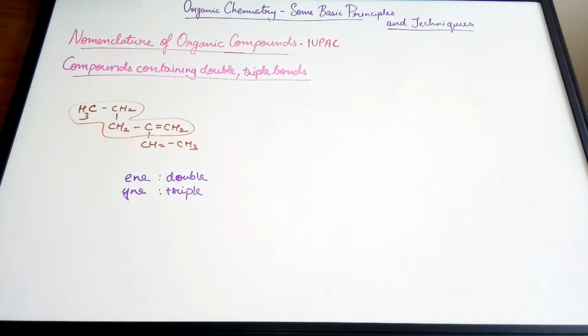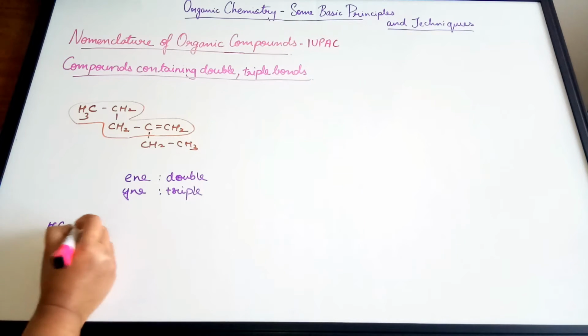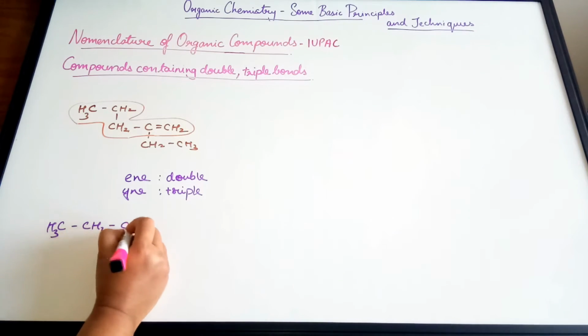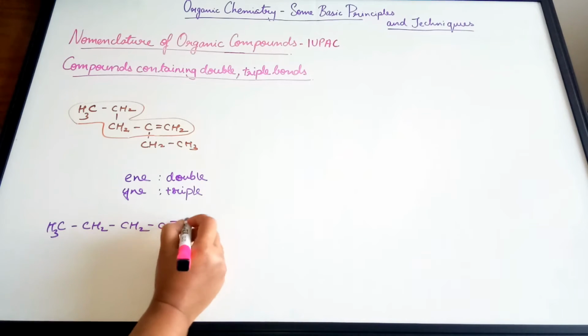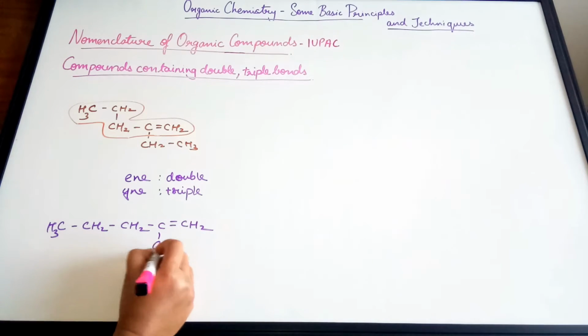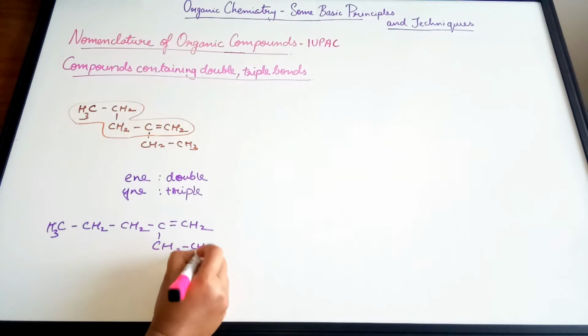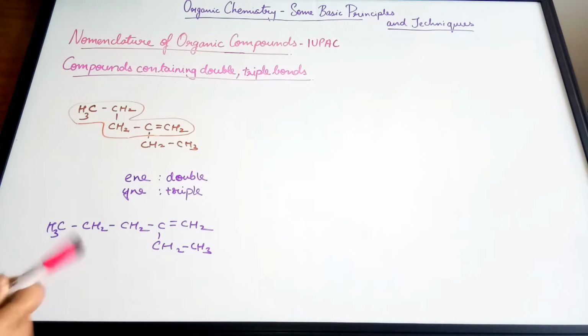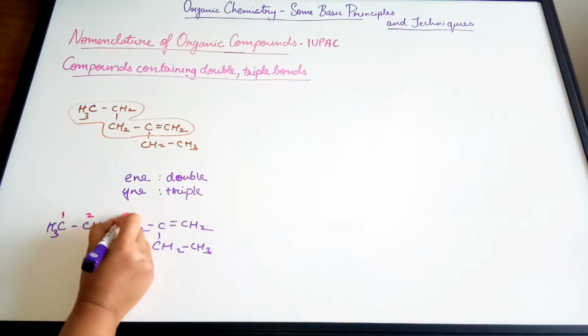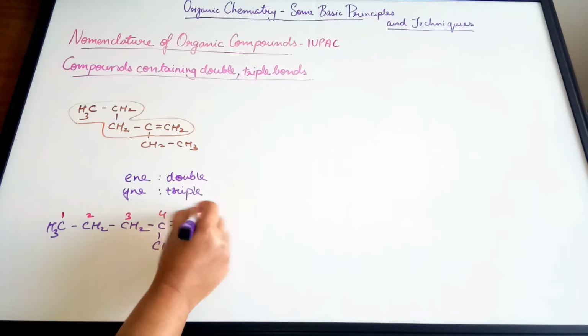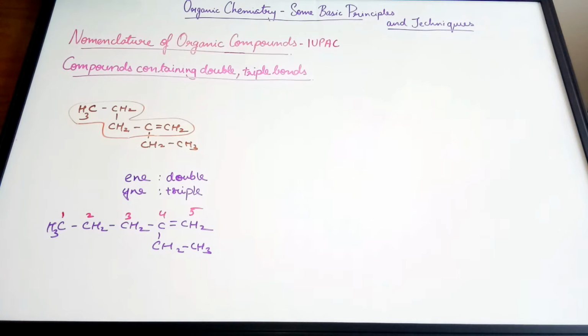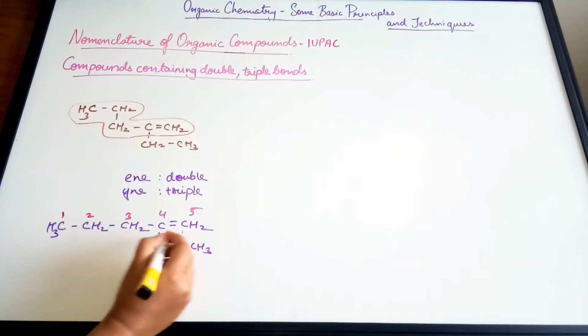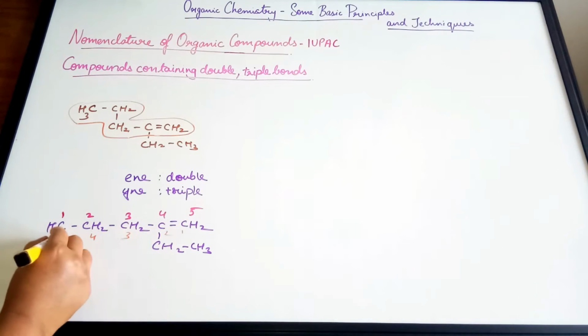Now I'll write the same thing in a different way. CH3. So this is exactly the same compound, I just changed the way we write it. There are 2 ways of numbering this particular compound. We can either write it as 1, 2, 3, 4 and 5, or it can be the other way around. So that will be 1, 2, 3, 4, 5.